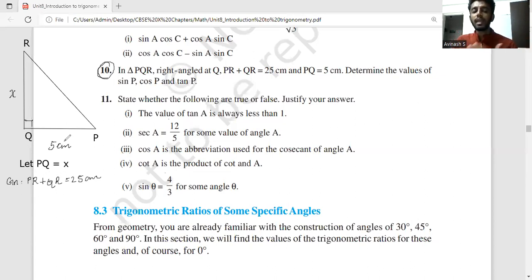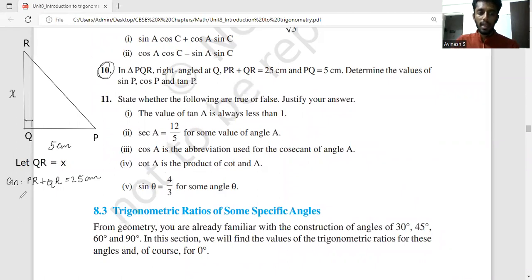They can be 13, 12, they can be 11 and 14, because when you add both the sides, you get 25. Individual values we don't know. Out of which we have already assumed the value of QR as x. I'm sorry, this should be QR. So let QR is equal to x. So we have assumed the value of QR as x, isn't it?